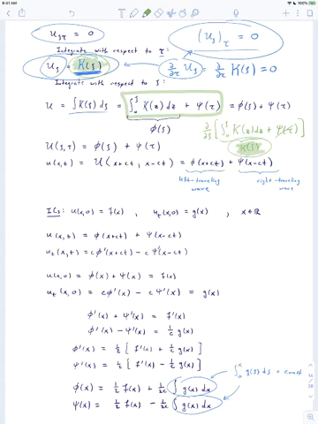So we have that capital U is equal to this function of xi, however you want to say it. So we're going to give it a new name. We're going to call it phi of xi.